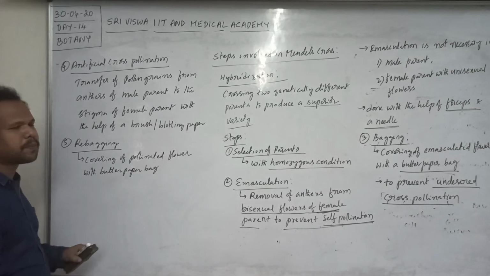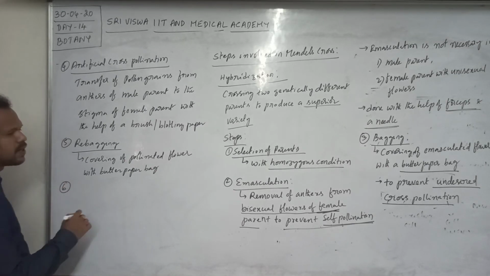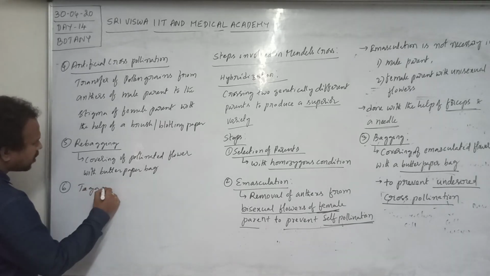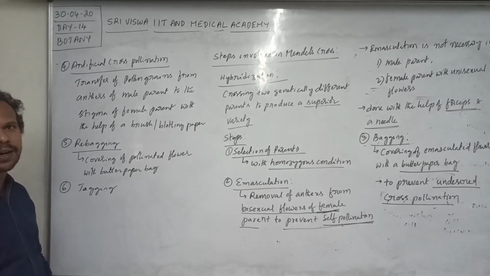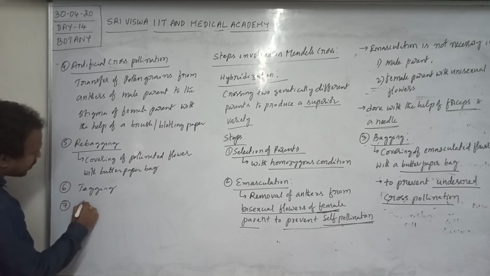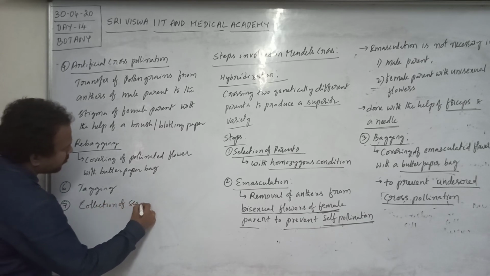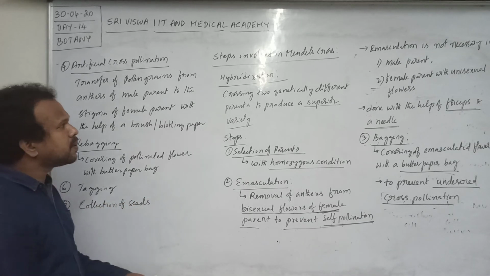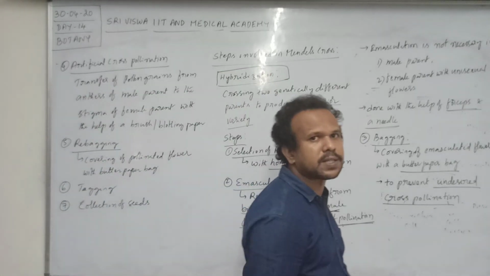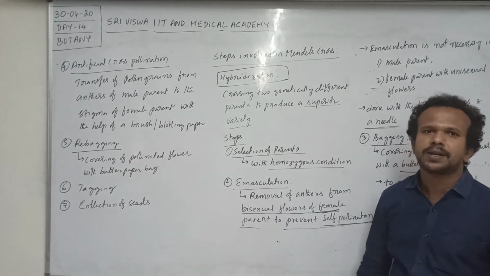Bagging and rebagging prevent undesired cross pollination. After rebagging, the next important one is tagging or labeling. Then finally collection of the seeds. These are the important steps involved in hybridization experiments.